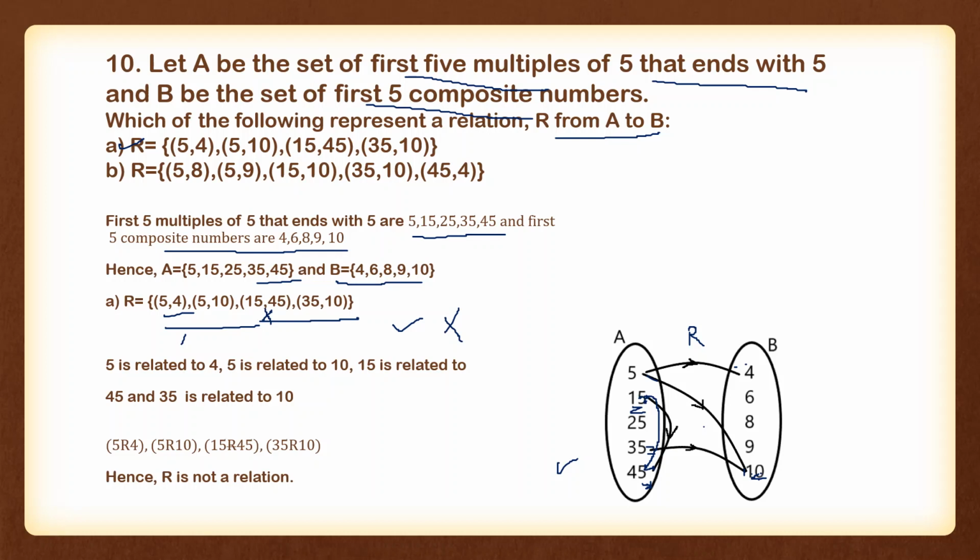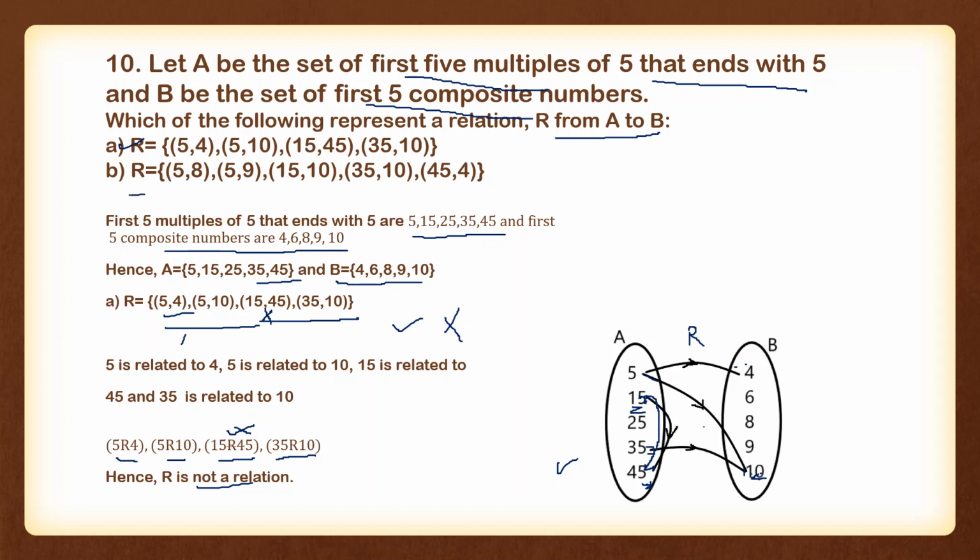So we have to check each and every ordered pair whether they are related or not. Here, 5 is related to 4, 5 related to 10, 15 is not related to 45 and 35 is related to 10. Even if only one condition is false, this is still not a relation. So we have to be very careful about checking the relation.